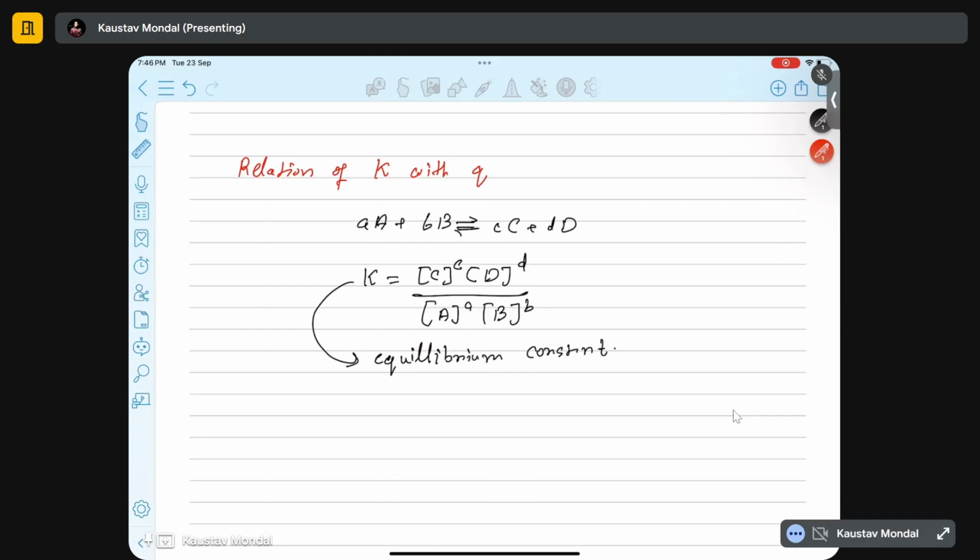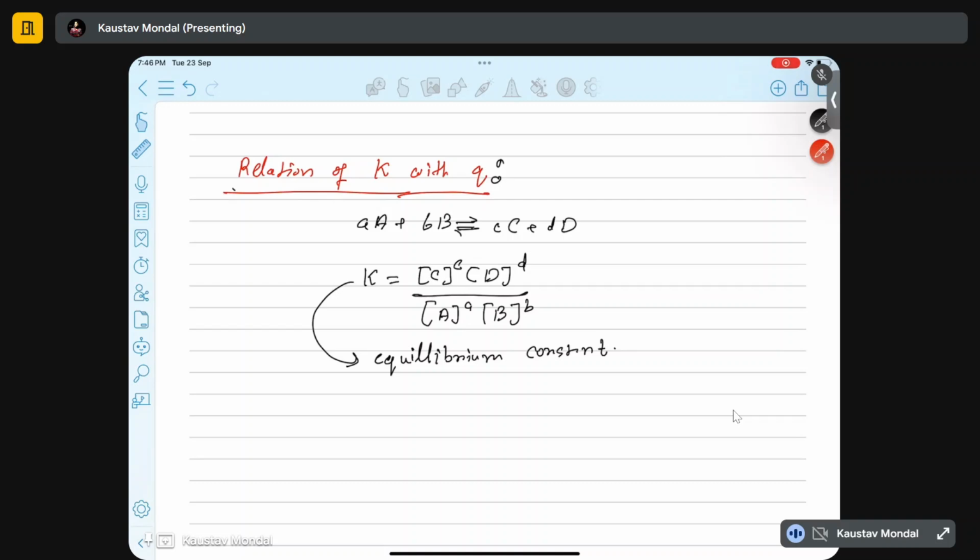Now in real chemical systems, calculating this equilibrium constant gives us very rich information, right? So it will always be better to know how to calculate this equilibrium constant. We'll be discussing some ways, because if we know the relation of the equilibrium constant K with the partition function q, that means we can calculate K from q, right?